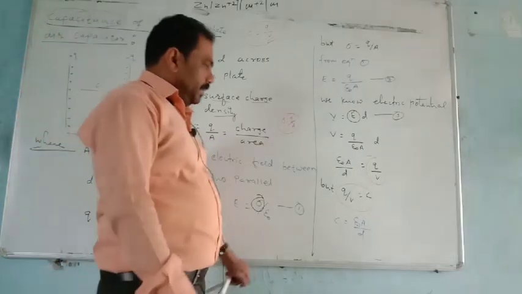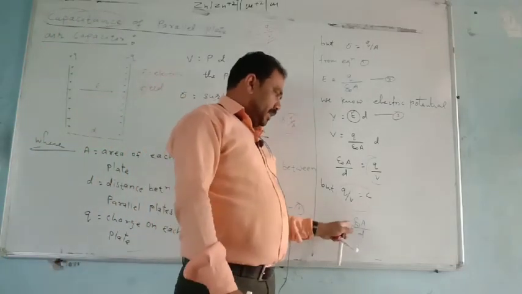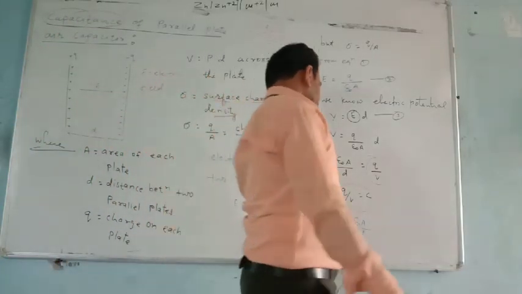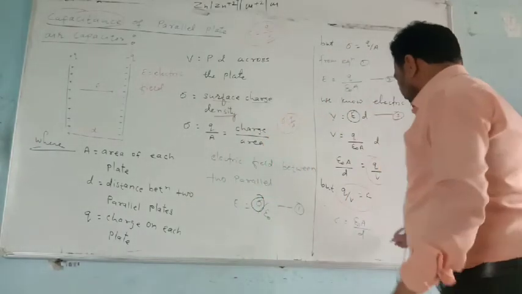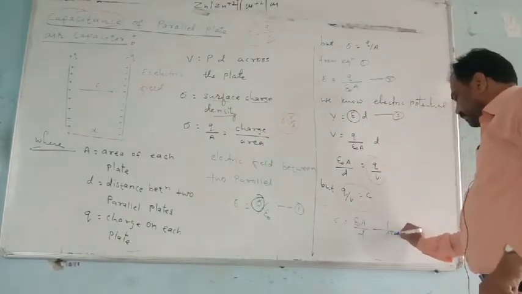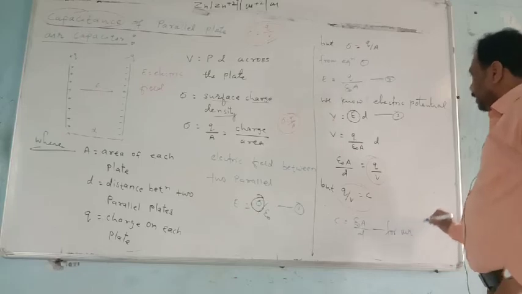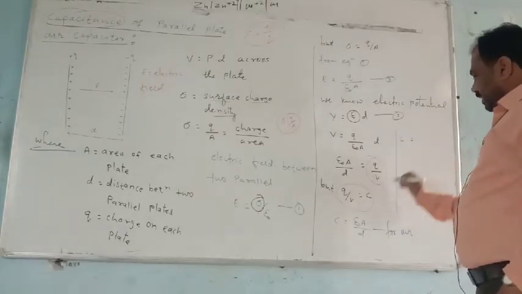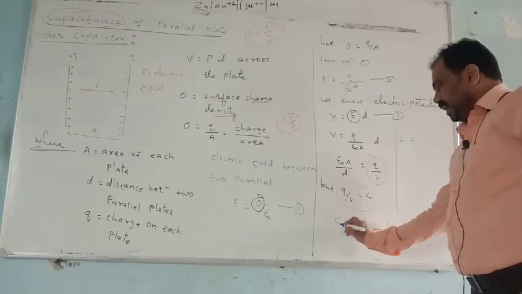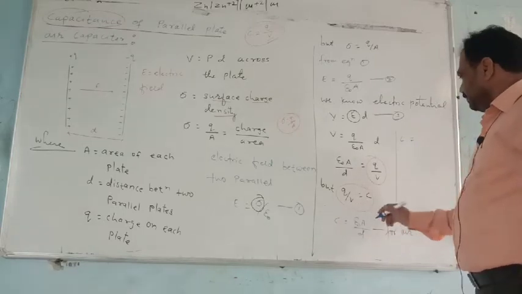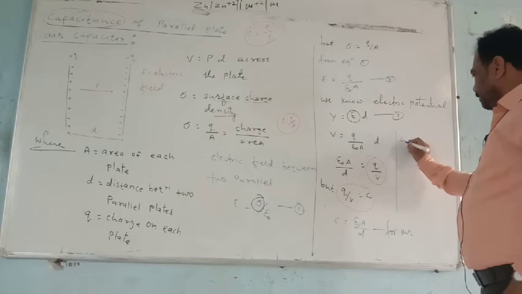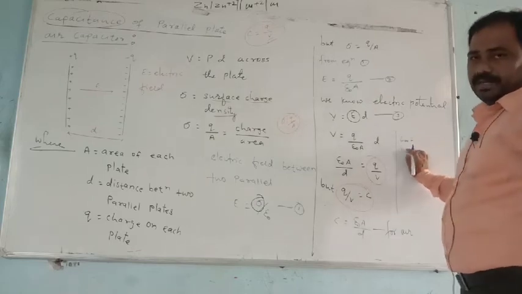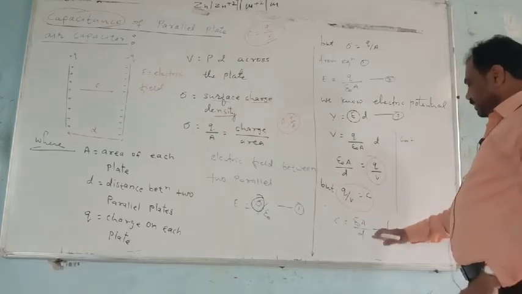So in air medium we get this one, and for any other medium we can write C_M, the capacitance for a medium. How can we write this equation?